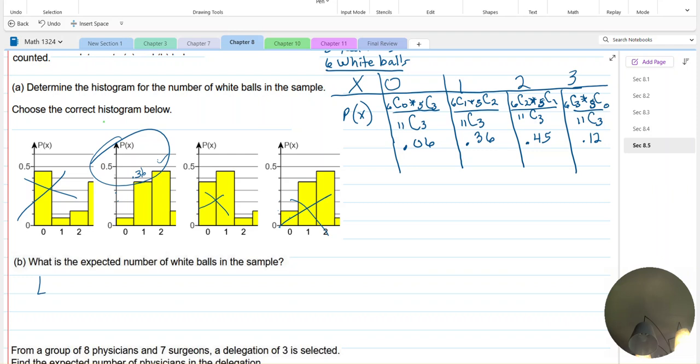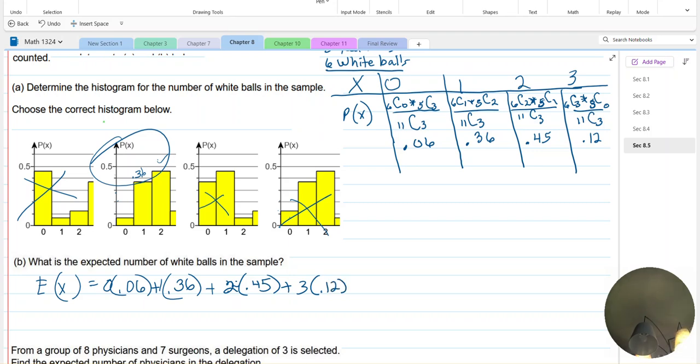So this means we have the expected value of x. We said variable x is going to be 0.06 plus 0.36 plus 0.45. Oh, wait, I don't even have my numbers attached. What's wrong with me? This is 0 times that, 1 times that, 2 times 0.45, and 3 times 0.12.